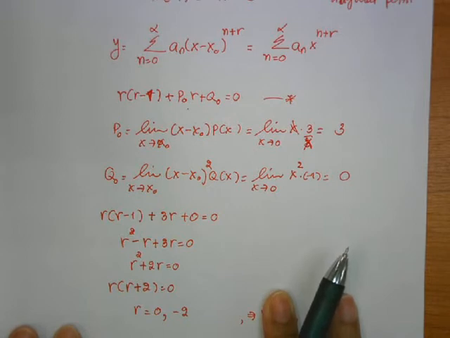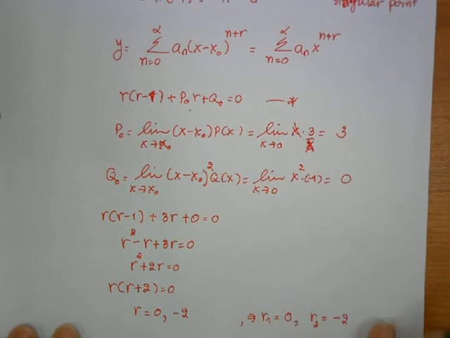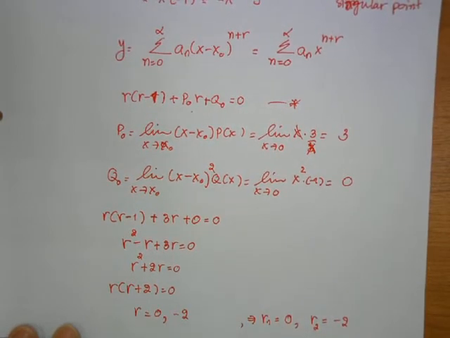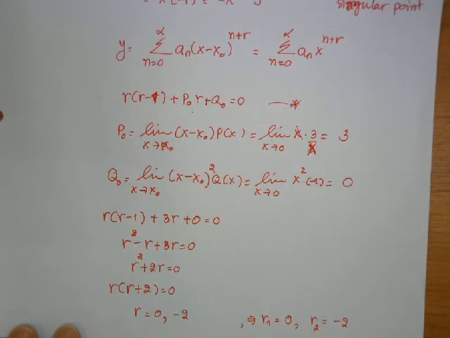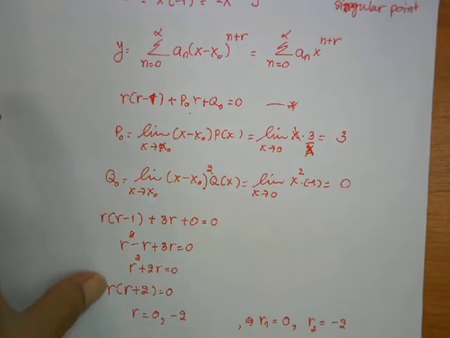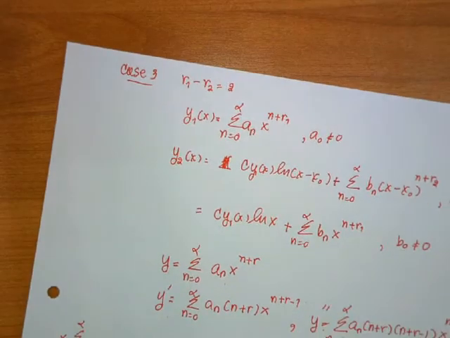So 0 and minus 2, which one is the bigger number? 0, right? So r1 is 0 and r2 is minus 2. So the difference between r1 and r2 is equal to 2. 2 is a positive integer. So in that case, let's go to case 3.